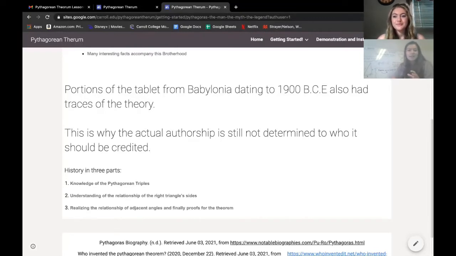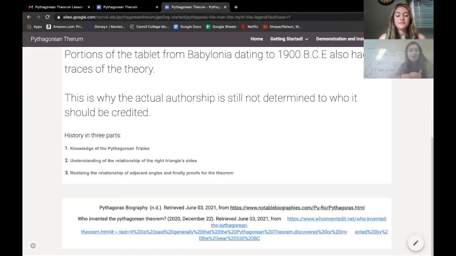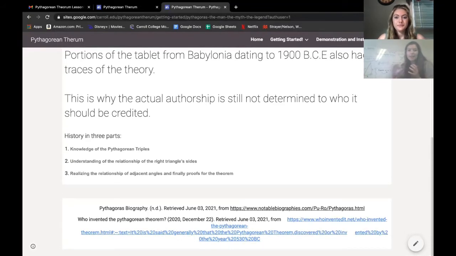So here's the Pythagorean theory in 3 parts. This is what the researchers went over and thought were the parts of this theory leading up to his ultimate conclusion. First, the knowledge of Pythagorean triples. Then, understanding the relationship of the right triangle sides.